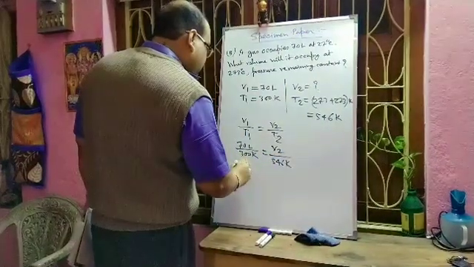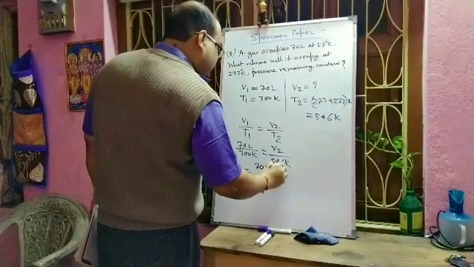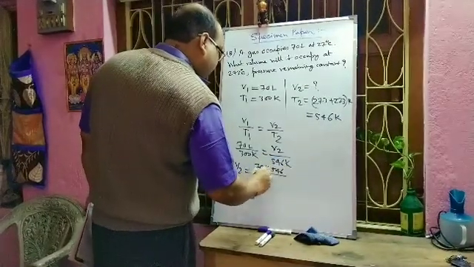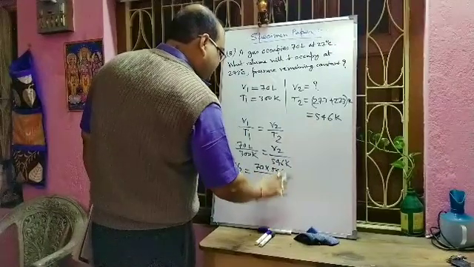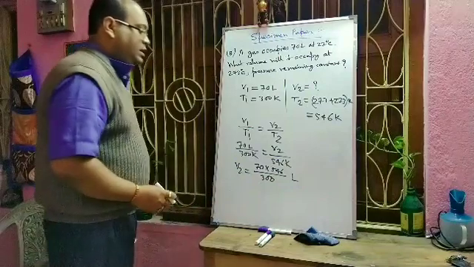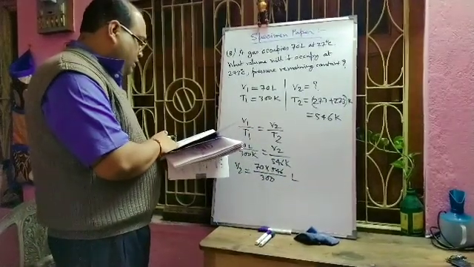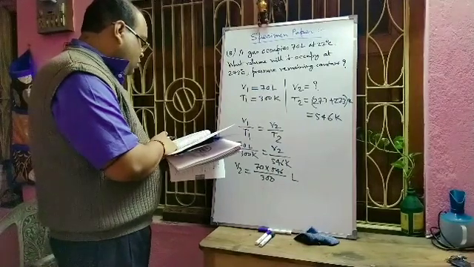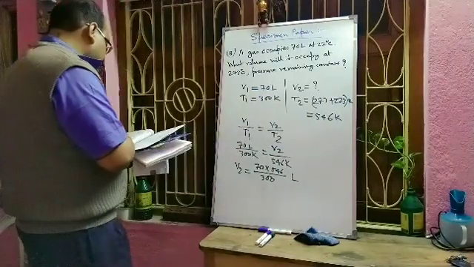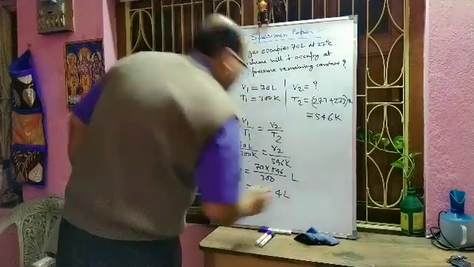So V2 will be equal to 70 into 546 divided by 300 liter. Okay. Now if you calculate, you will get the value. It is coming as 127.4 liter.